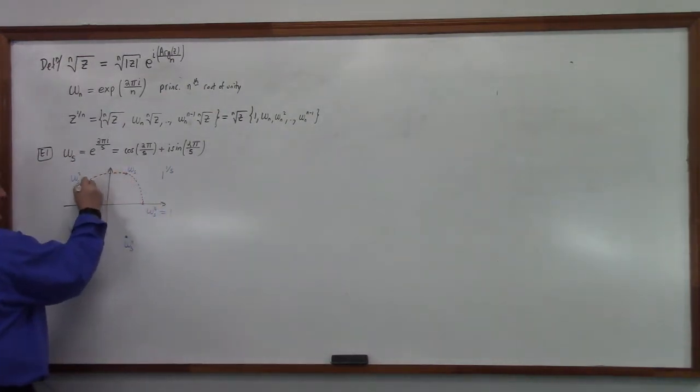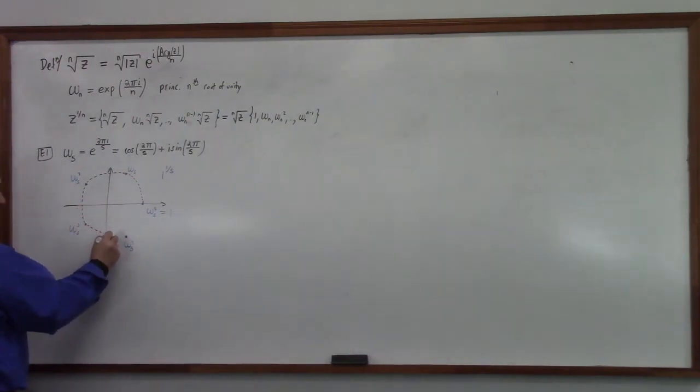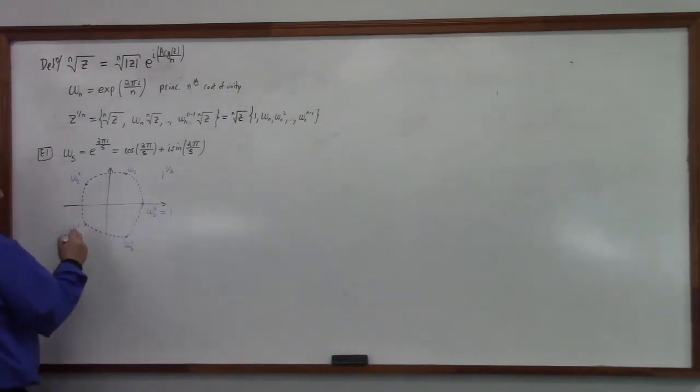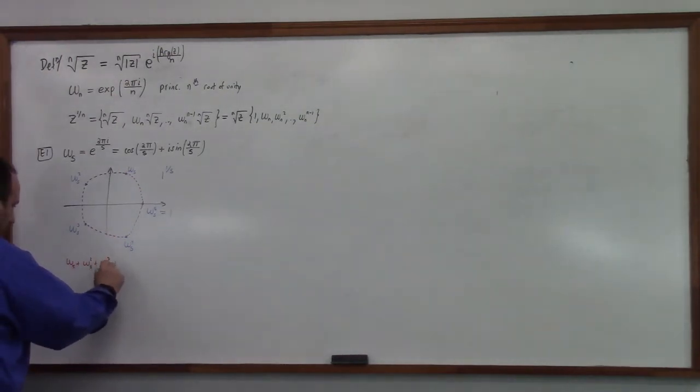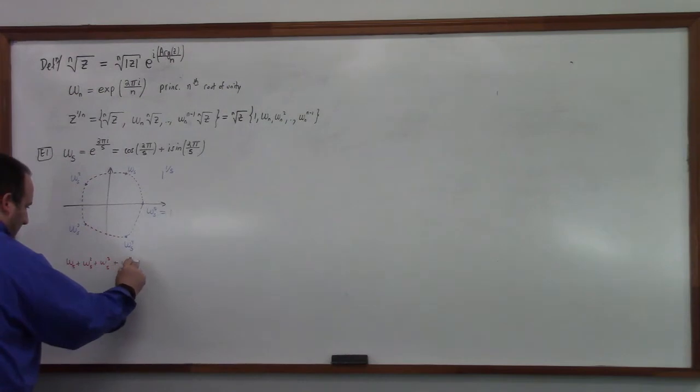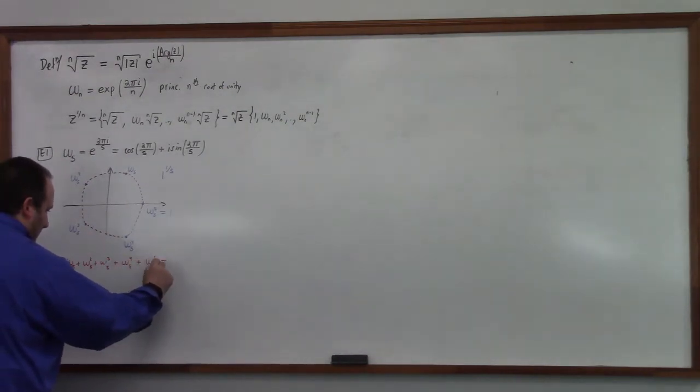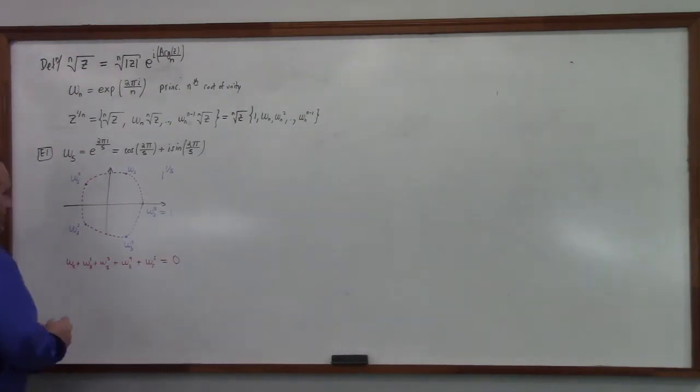They're symmetrically situated about the origin, so that if you were to just take their sum, omega plus omega squared plus omega cubed plus omega to the 4th power plus omega to the 5th power, you get 0. Because they're symmetric about the origin, and so their average is the origin itself.